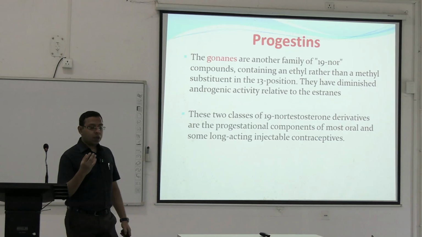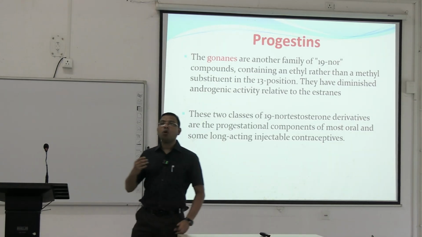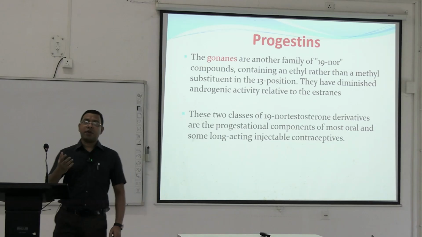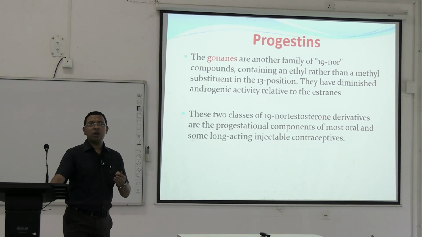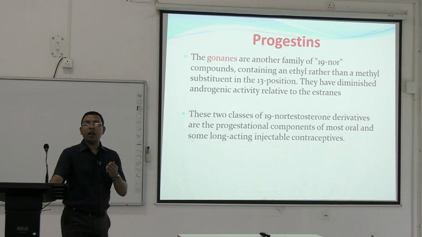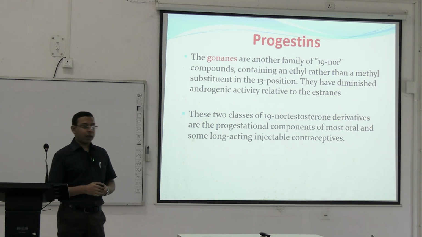For example, if we use it as part of an oral contraceptive, we need more anti-ovulatory effect. If it is used in dysmenorrhea or dysfunctional uterine bleeding treatment, we need some agent that has more anti-androgenic actions.